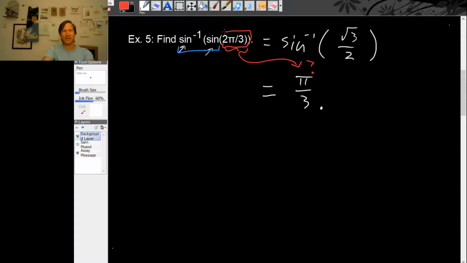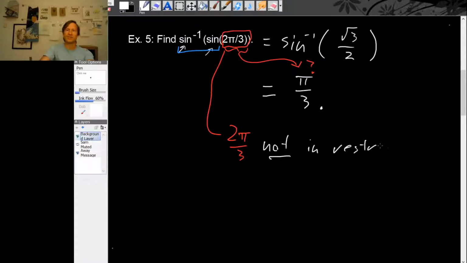This value right here, 2 pi over 3, is not in the restricted domain of sine. And remember, the restricted domain of sine is from minus pi over 2 to plus pi over 2.